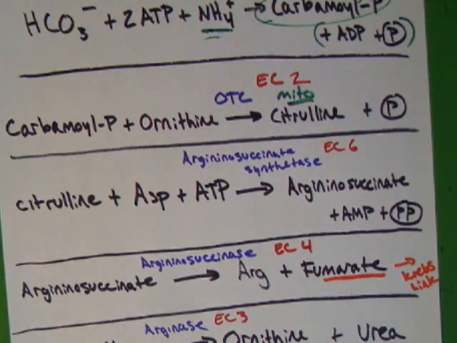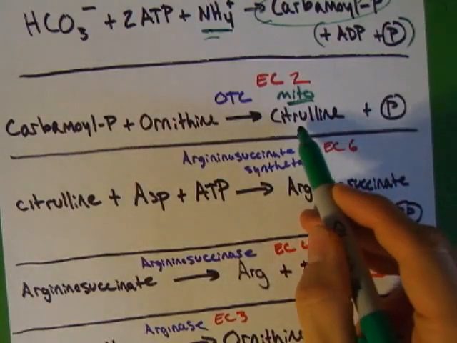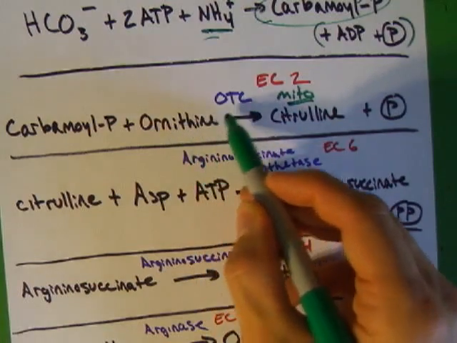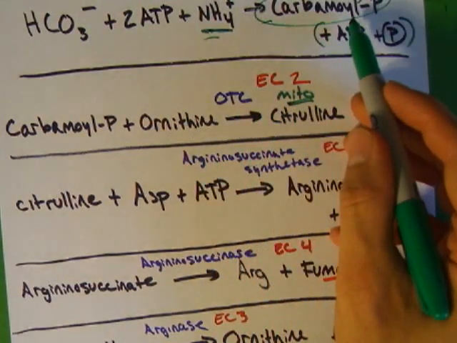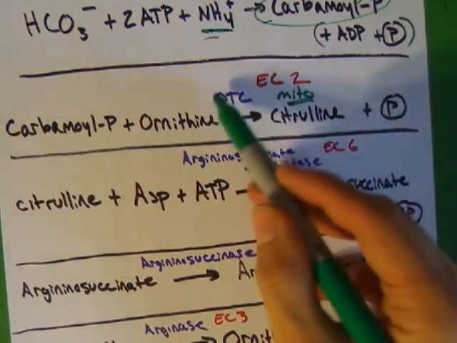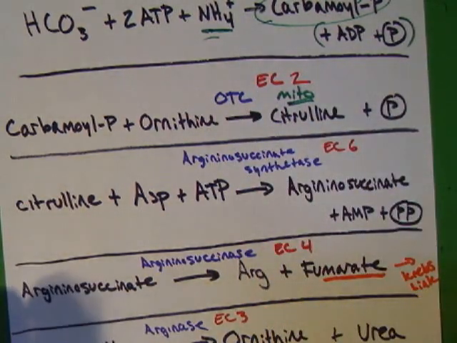It's transferring the phosphate, so it's a transferase, or enzyme class 2. And the product is citrulline. I think this stands for something like ornithine transcarbamylase. You'll have it in your notes. OTC will be the abbreviation.